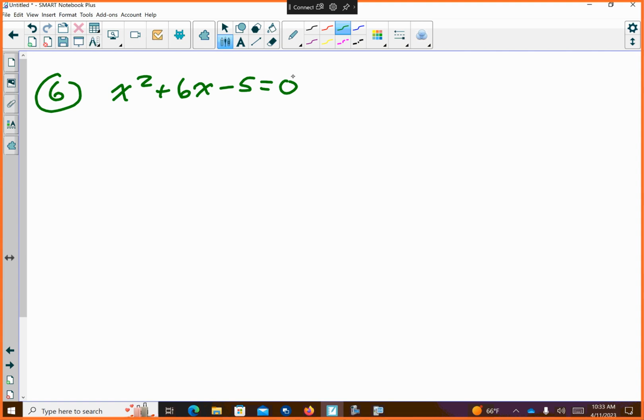Friends, is this one set up for us to do A, B, and C? And how do you know if it is? It's equal to 0. Very good. Okay, so we know that x is equal to negative b plus or minus the square root of b squared minus 4ac all over 2a.